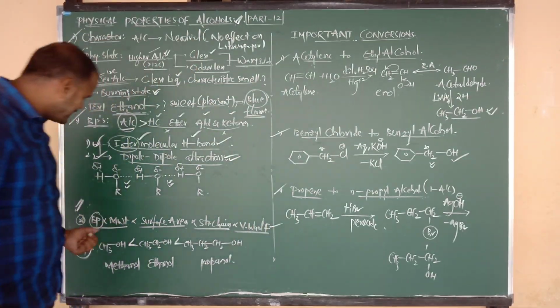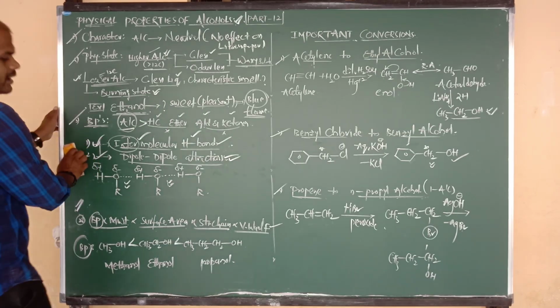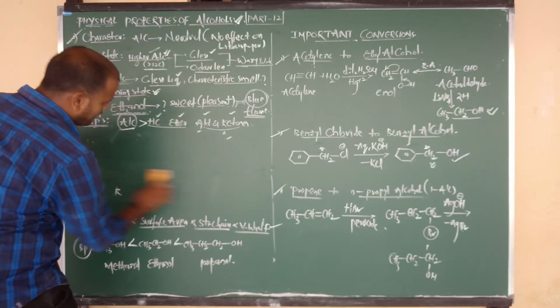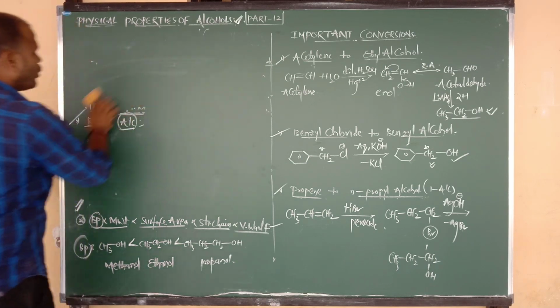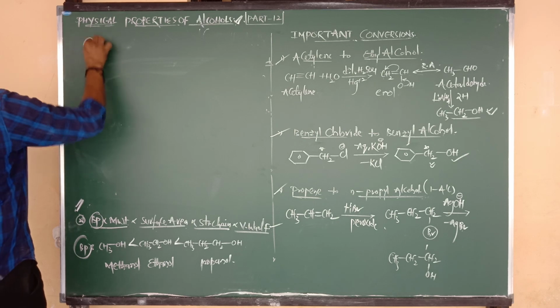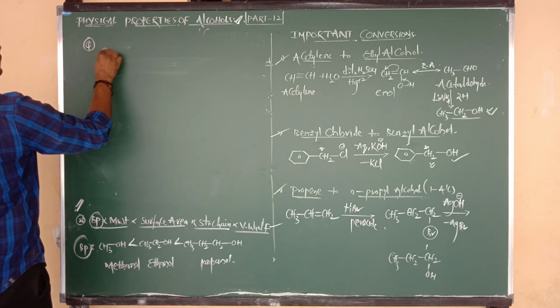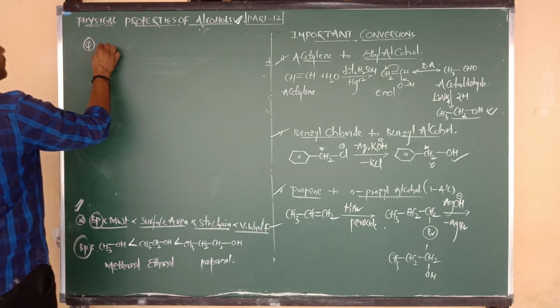Right. So on the basis of the boiling point concept, I want to ask you one question, beta. Are you ready? Yes. I am going to give you mainly three compounds.